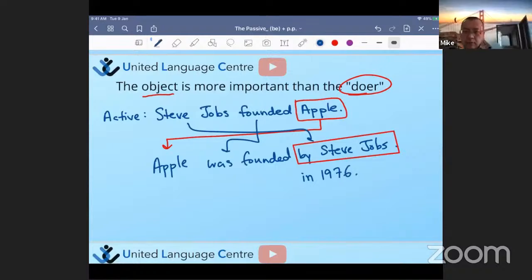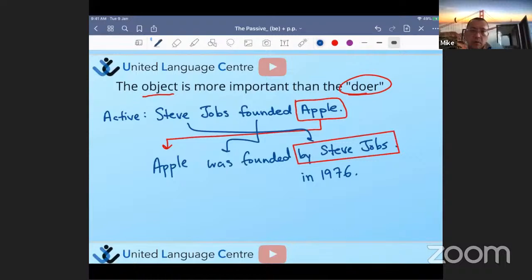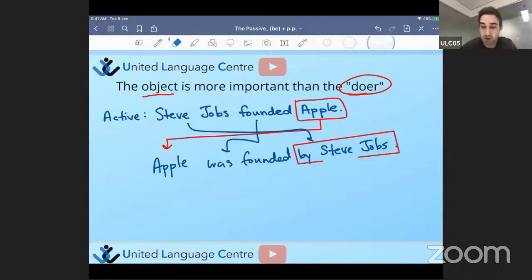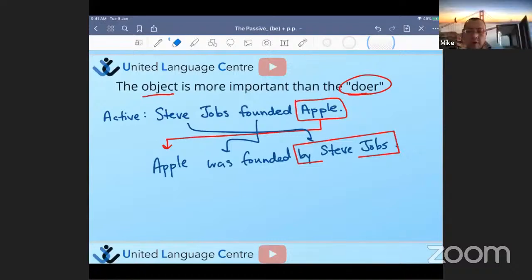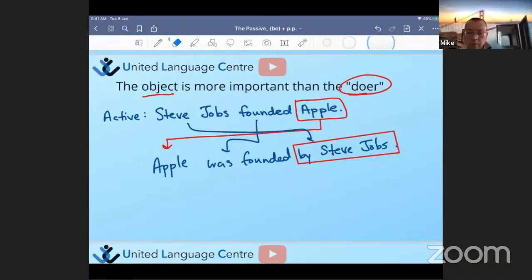I have to give some more information. It's just that who created that thing is less important than the thing.